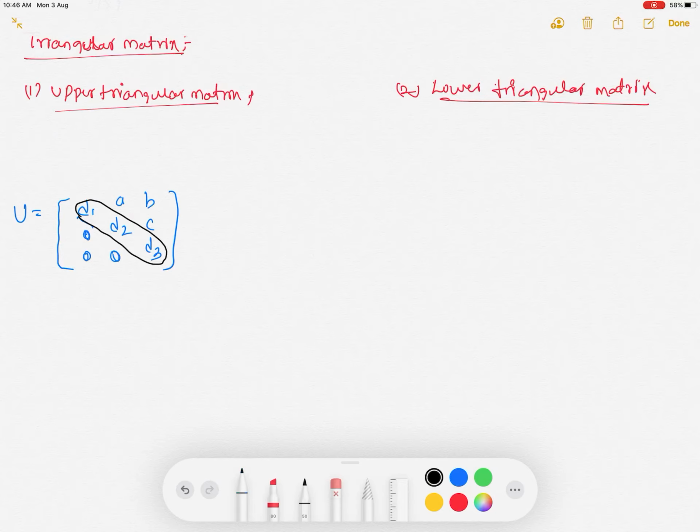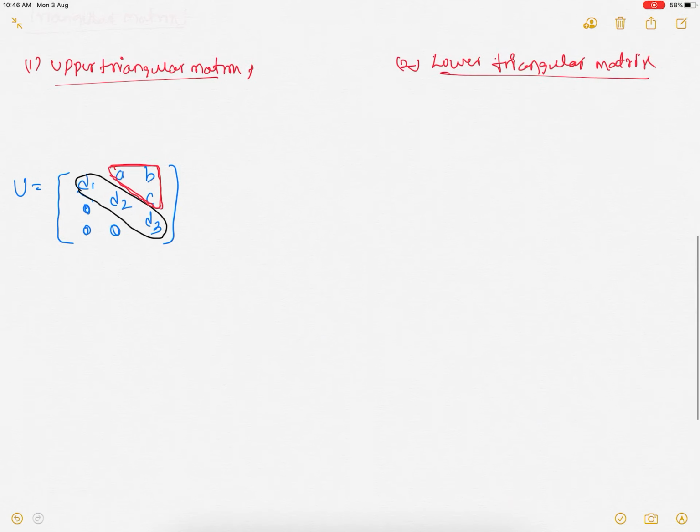Why do we call it upper triangular? Because here it is forming a triangle. See, this triangle is on the upside, that's why you call it upper triangle. If you want it to become an upper triangular matrix, what is the condition? The elements above the principal diagonal need not be 0, they can have some values, but elements below the principal diagonal are 0.